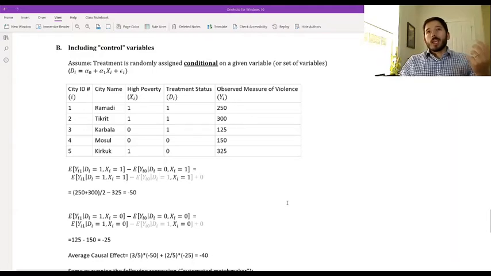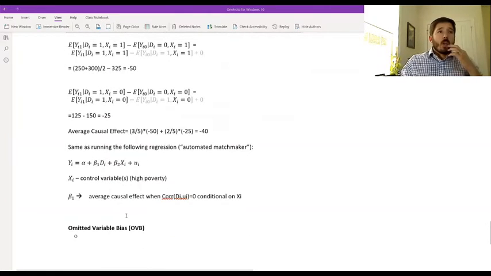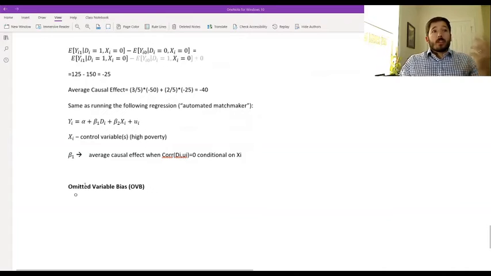It's often going to be the case that we observe some things in our data, but there are other variables that we don't observe that we might worry are related to who's treated and who's not treated in a way that matters for the outcome. In other words, we might worry about omitted variable bias.